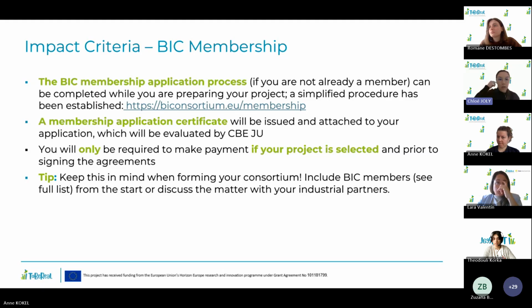So it means that you have the declaration of intention to become a BIC member, but if your project is not funded, you will not have to pay for BIC membership.